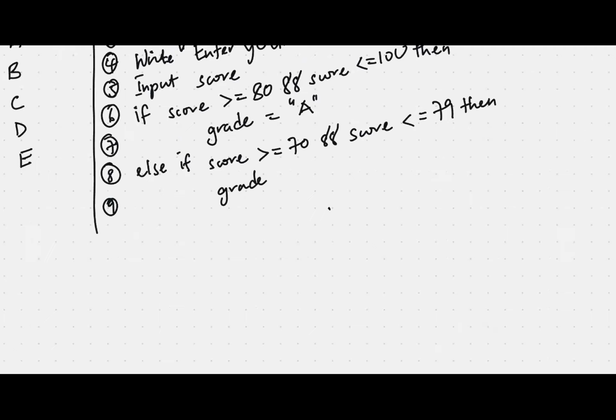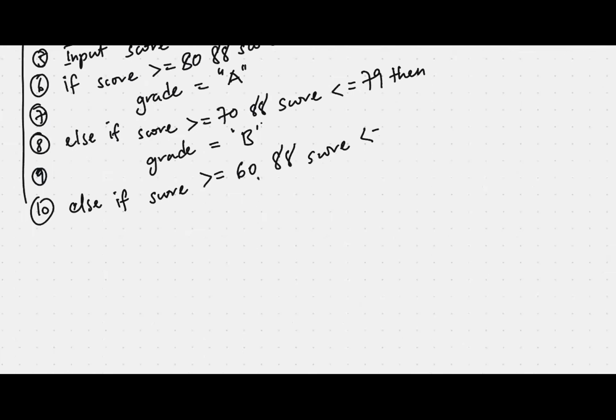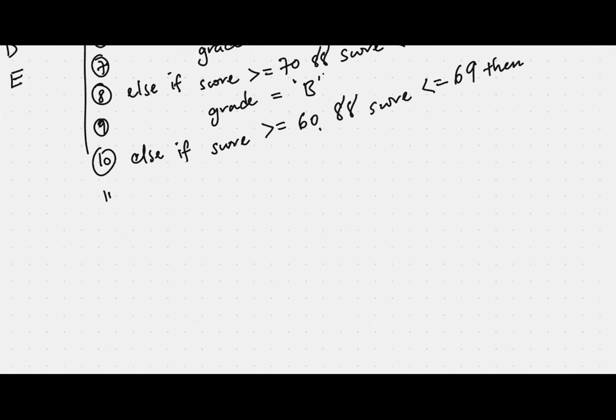Number 10, else if score is greater than or equal to 60 and the score is less than or equal to 69, then number 11, grade equal to C.